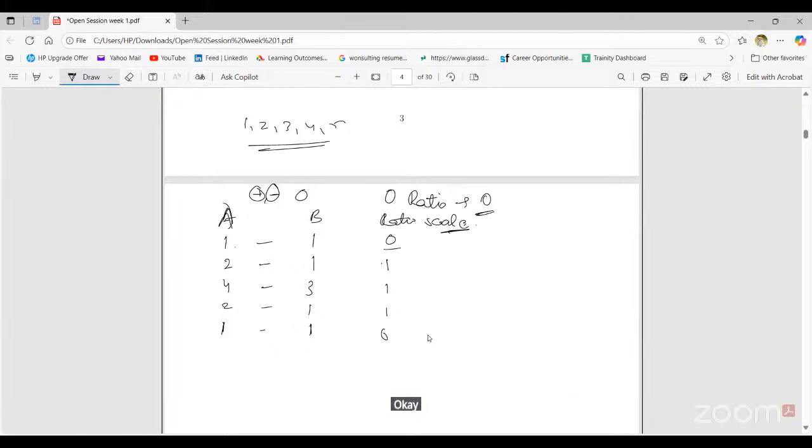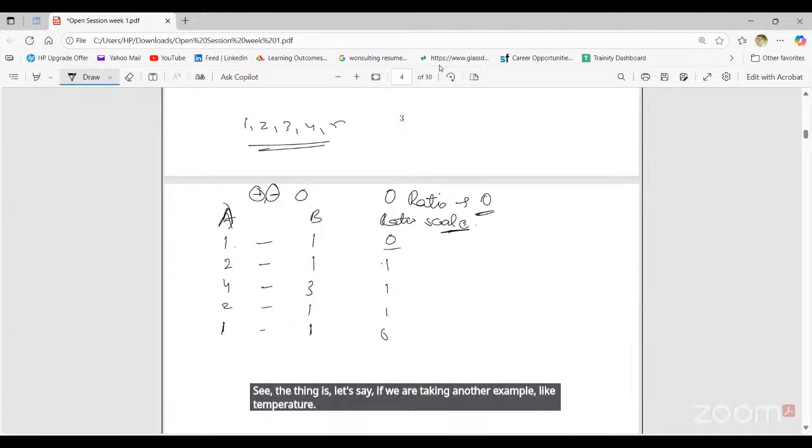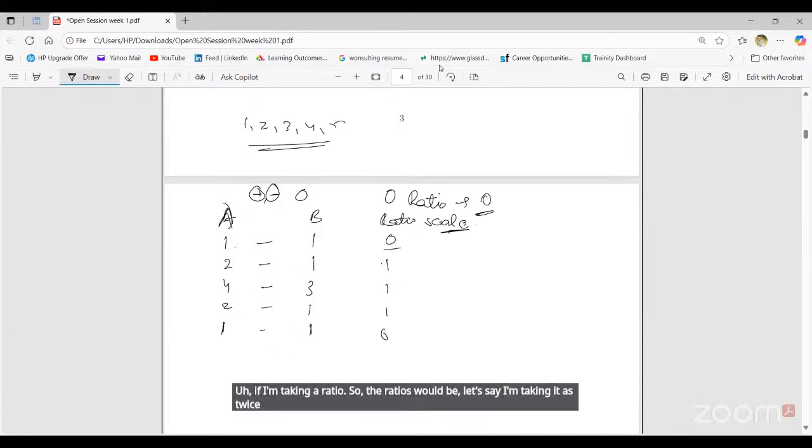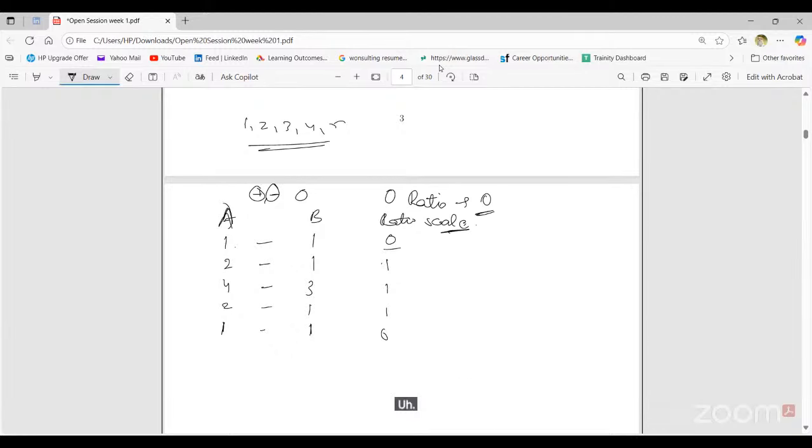Okay. With regard to this, I have one more doubt. Let's take another example like temperature. If we are measuring temperature in Kelvin, like 273 Kelvin, and I take twice 273, it will be around 546.